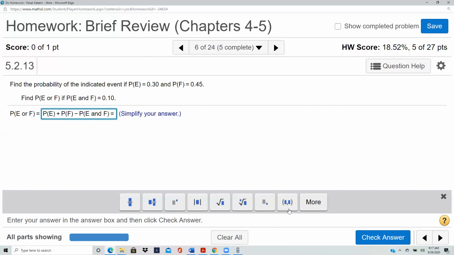Okay, it would be 0.30 plus 0.45 minus... What's P of E and F? Would you add them together? Well, isn't this P of E and F? Oh, okay. I didn't see that. Yeah, so it would be minus 0.10.